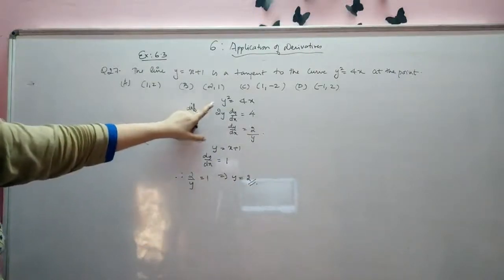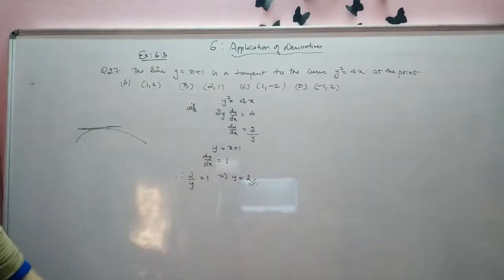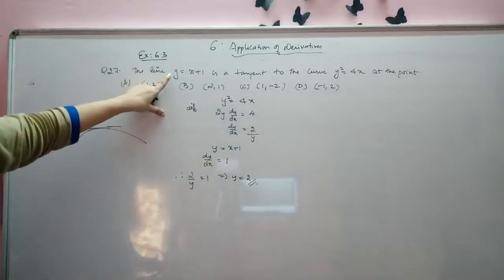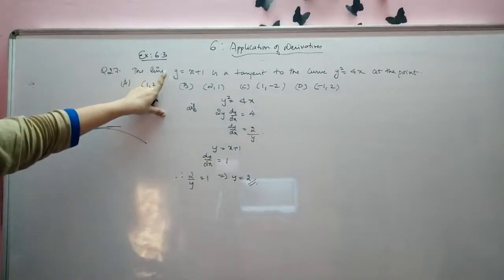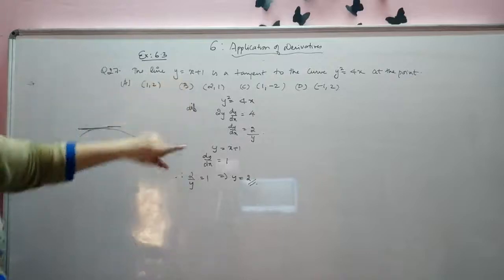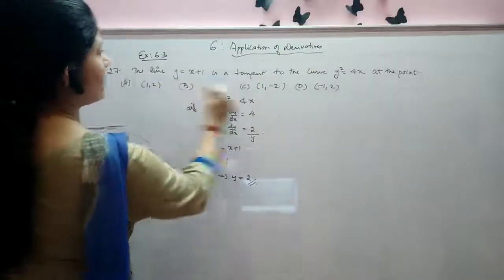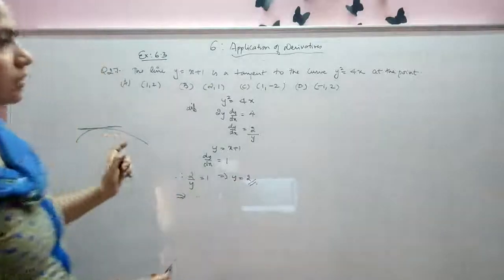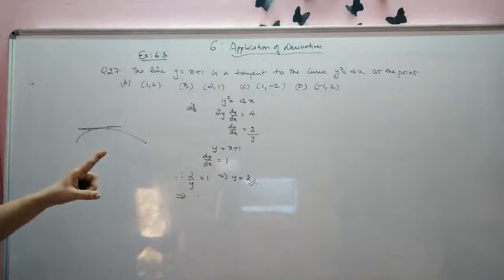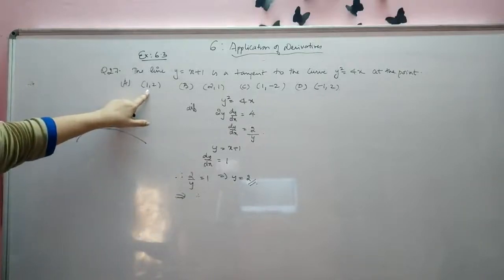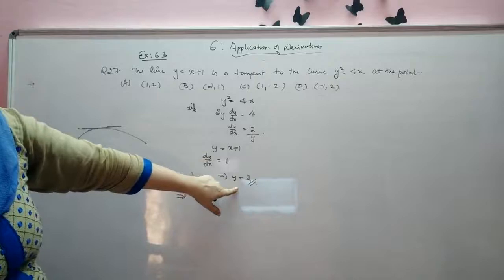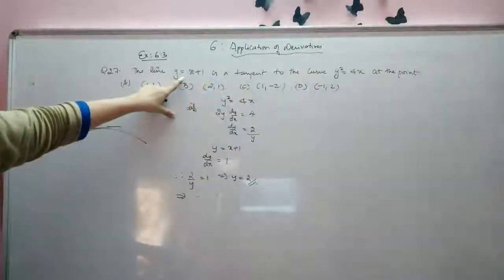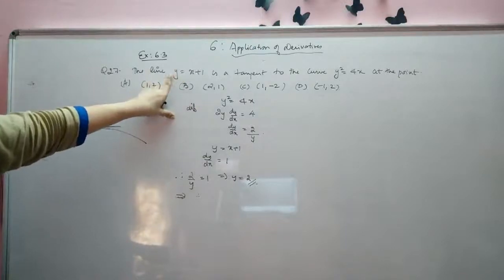So when you get y is equal to 2, what you need to do, you have to find out the x coordinate and where you need to substitute. If you are substituting in the curve, y square is 4, so x is 1, and if you are substituting in the line, then also you will get x as 1. 2 minus 1 will give you 1.